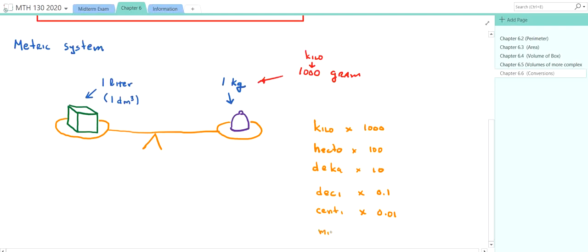And let's just stop with the milli. The milli is times 0.001, 1 over 1,000. So you could have a hectometer, which equals 100 meters. So that's how those things work.